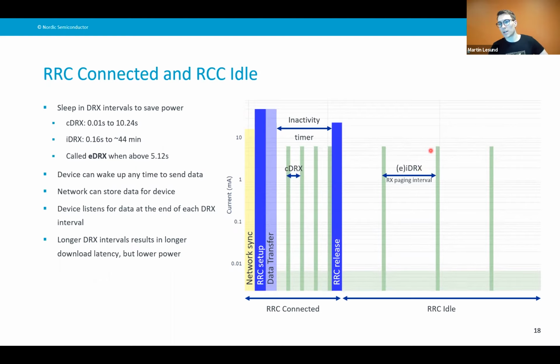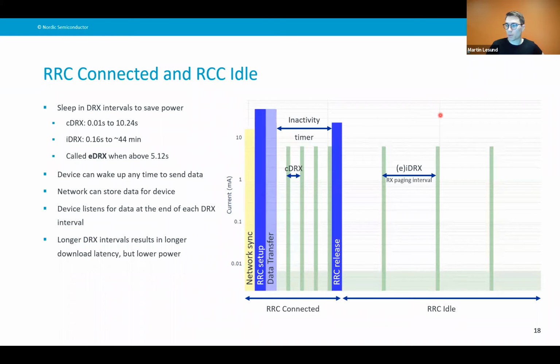When you talk about eDRX, we usually refer to this area in the RRC idle mode. So here we can, for example, request from the network up to 44 minutes of eDRX intervals. So here the device sleeps, listening and checking if the network has something to send. If not, it sleeps again and then goes on. And then you save a lot of power doing this.